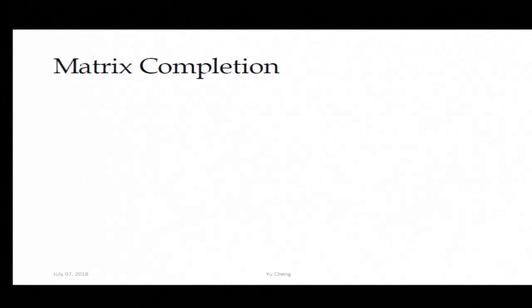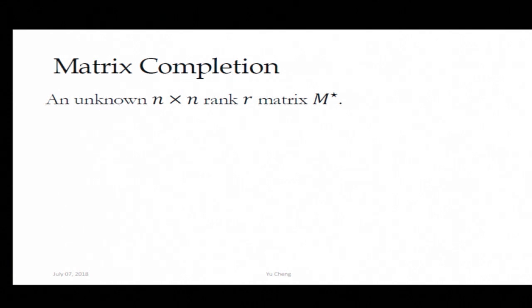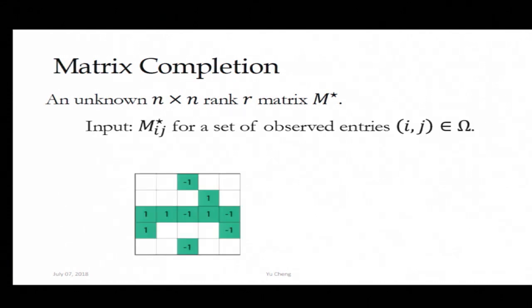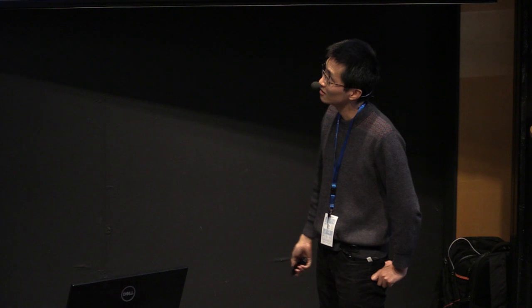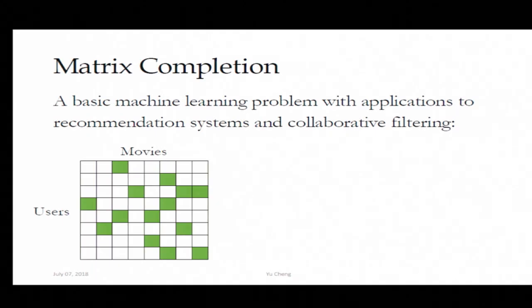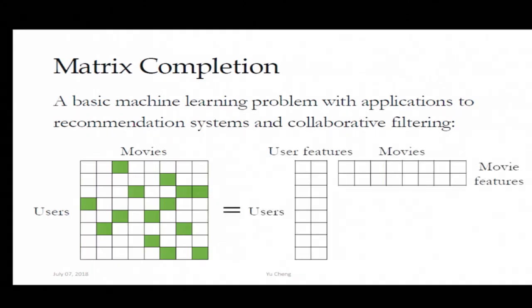So matrix completion is the following problem, where there's a hidden low-rank matrix, and you get to observe a subset of its entries, say uniformly at random, and the goal is to recover M star from these observations. A signature application of this problem is in recommendation systems, where some users rated some movies.